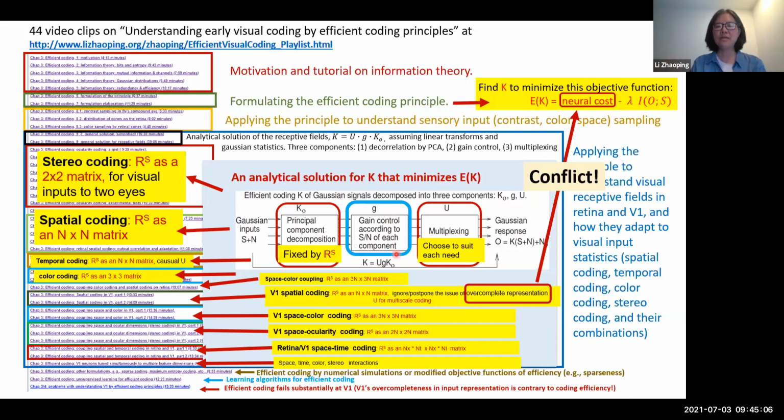And so therefore you can understand why in V1, some neurons exist and some other neurons don't exist. So neurons tuned to one feature dimension, yes, they do exist. 2 feature dimensions, yeah, they still exist, depending on which 2 features, okay? Then 3 feature dimensions, well, difficult, and so on and so forth, because of this gain control.